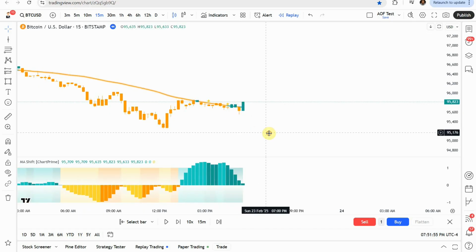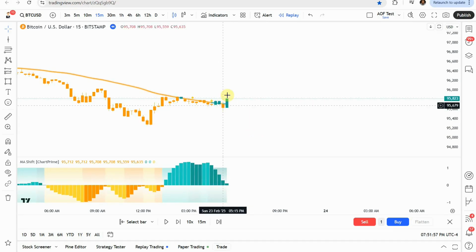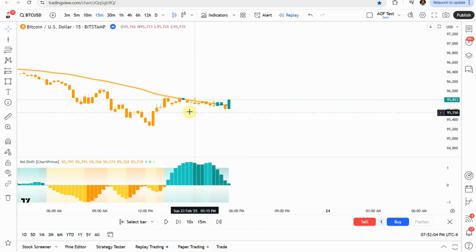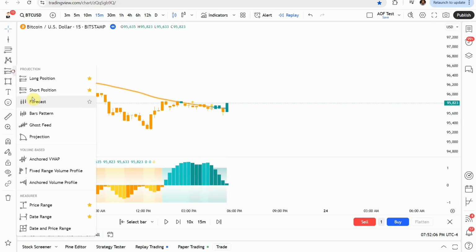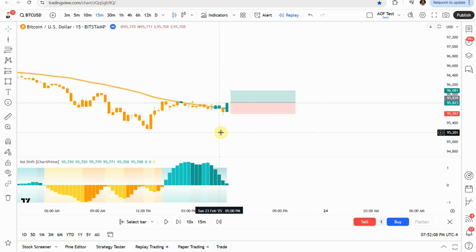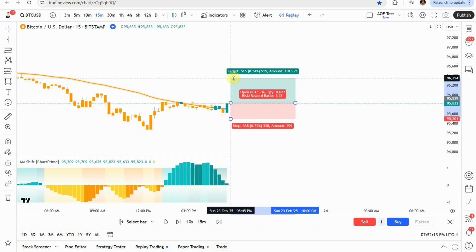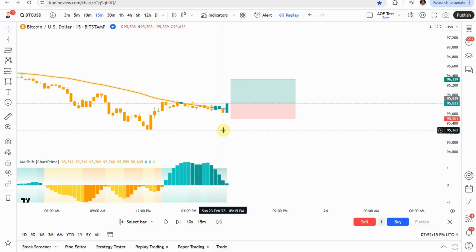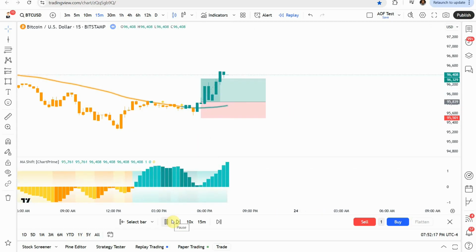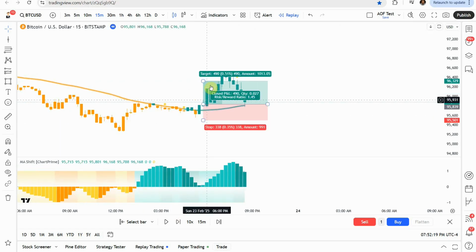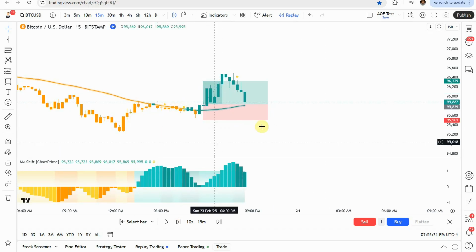For example, for a long trade, we would get a green bar like this here, and at the same time a green bar from the histogram. That is what I would use for an entry. I would put a trade there, put a stop here, and target a 1 to 1.5 risk reward right about there. Let's play this forward, and you can see a few pushes up and we get to our take profit pretty easily.